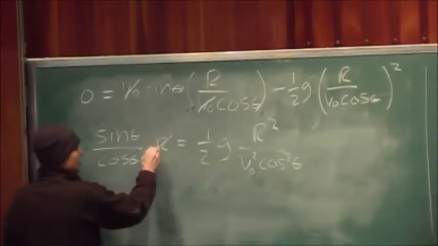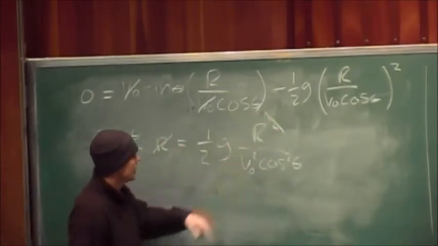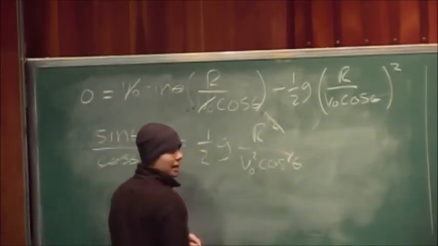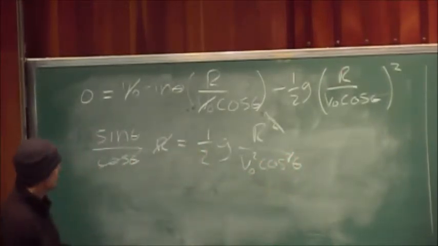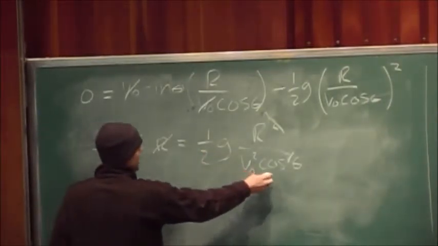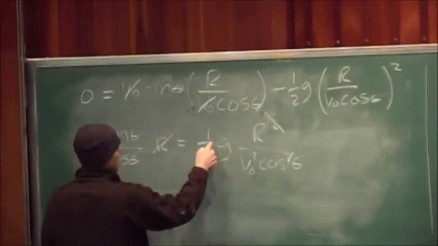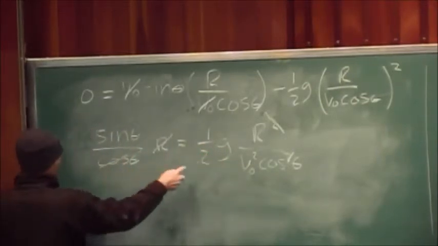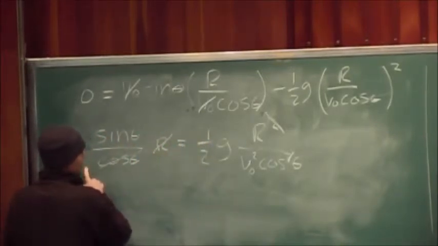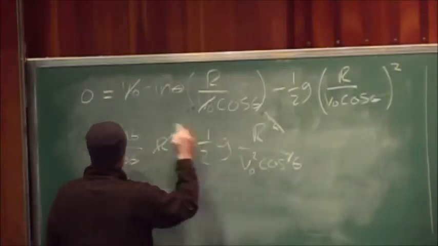So one of the r's cancels, so we just have r on this side. And one of the cosine thetas cancels here. So what we can see is if we bring this term up to here, we get a v0 squared, and if we just do some algebra, we get 2 up here over g, and then we get a v0 squared in the numerator and a cosine theta in the numerator.